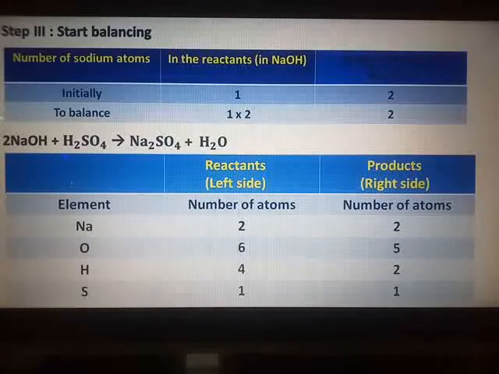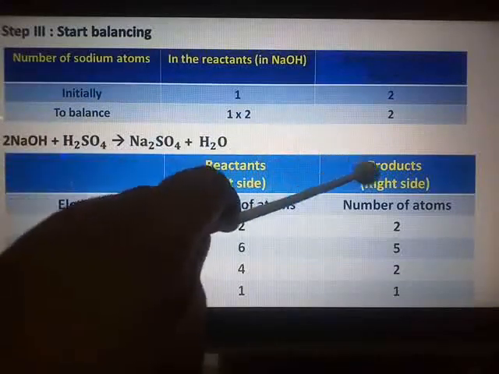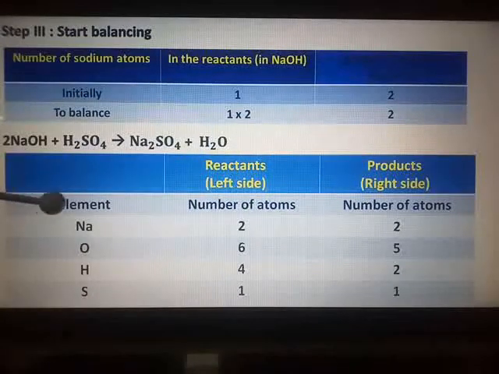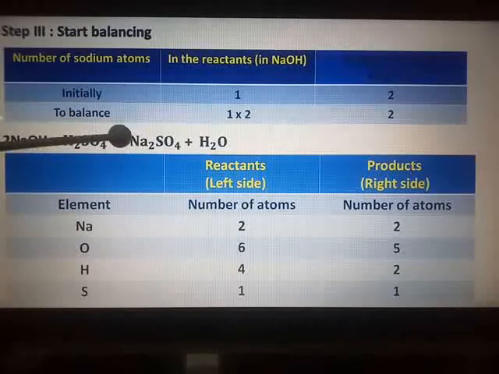Now after this equation is formed, you have to check whether it is balanced or not. To find that, again you have to prepare the table: elements, reactants on the left hand side, products on the right hand side. The element symbols remain the same. Sodium is 2 here and 2 here, so sodium is balanced.